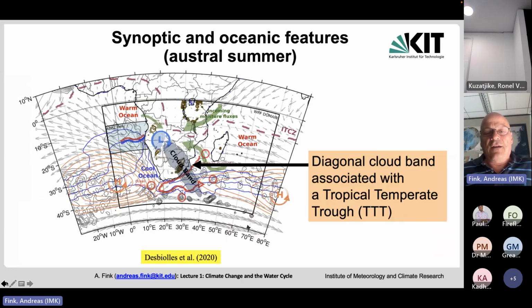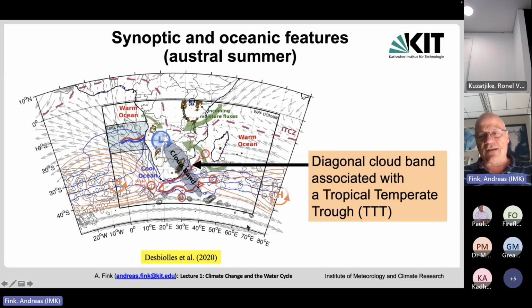So you see here the moisture, as I said, coming from the warm Indian Ocean. There is a little bit of moisture coming from the Atlantic Ocean for northwestern Angola. Here is the Angola low rotating this way, but I wanted to make you aware of these diagonal cloud bands that occur over southern Africa.